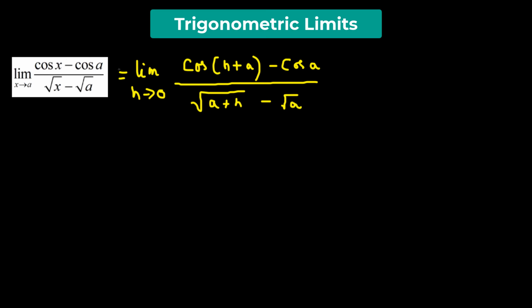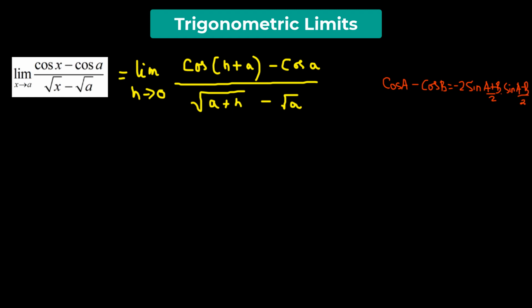Now we're going to use this identity that cosine of A minus cosine of B is equivalent to negative 2 times sine of A plus B over 2 times sine of A minus B over 2.